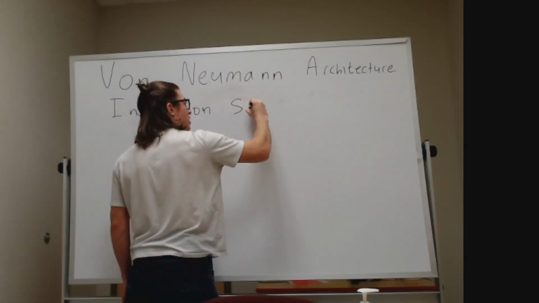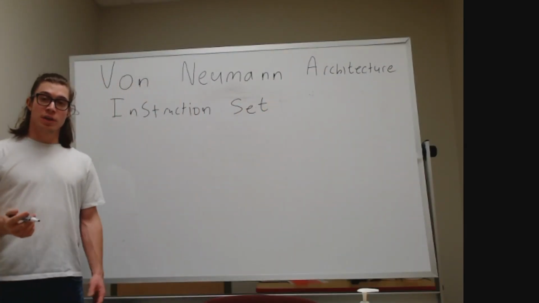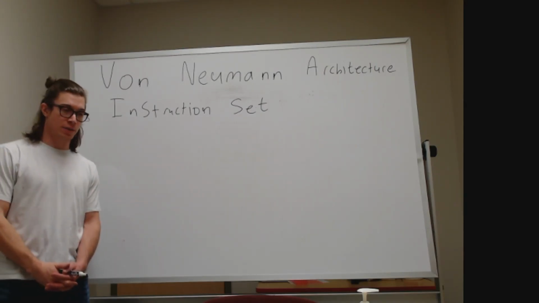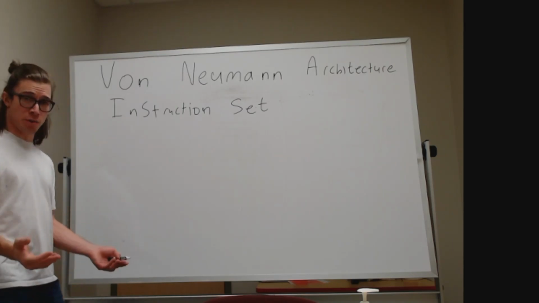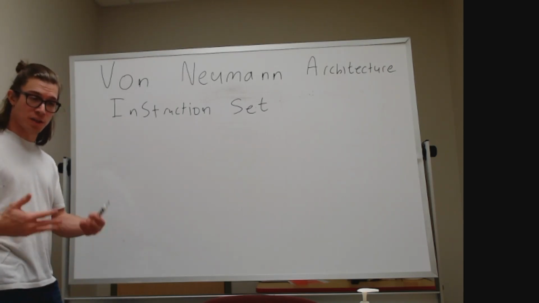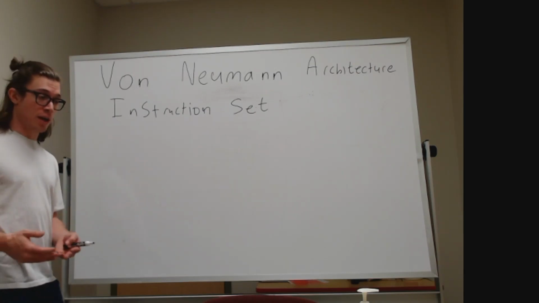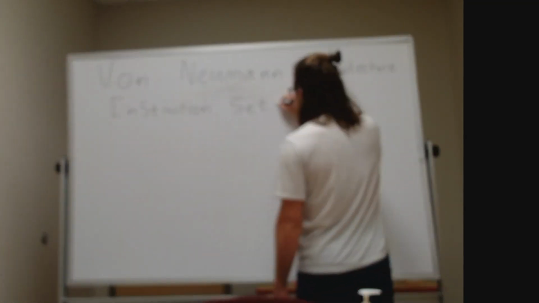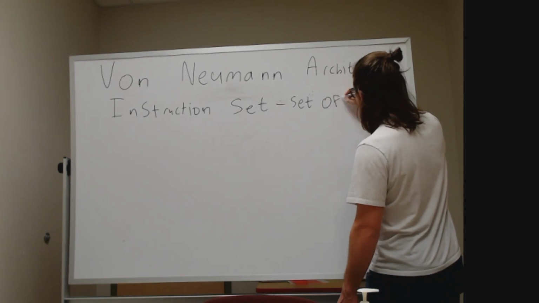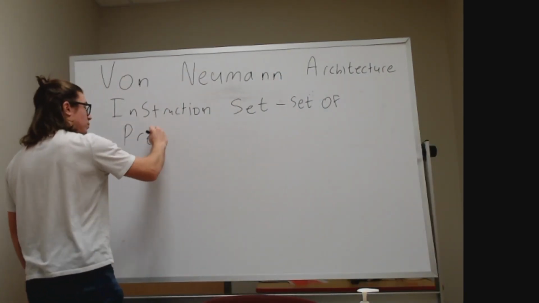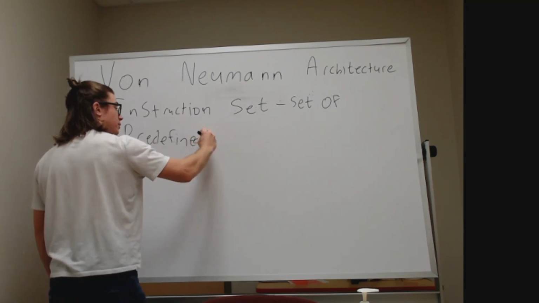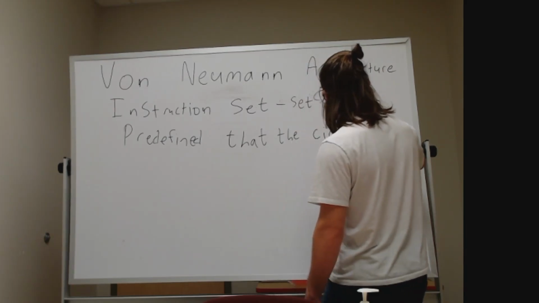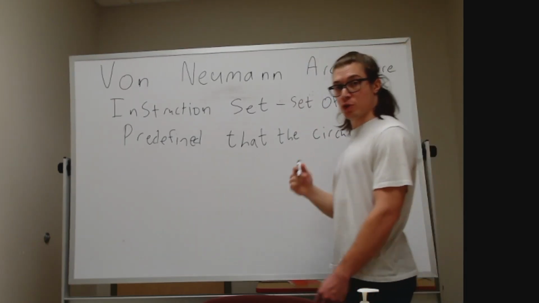Well, it's actually the set of codes that the designer of the CPU decided should be interpretable as certain commands. So remember that I said the ALU does things like addition, subtraction, multiplication, division, ands, ors, or nots. So the instruction set needs to be a set of predefined codes that the circuitry is wired to interpret.